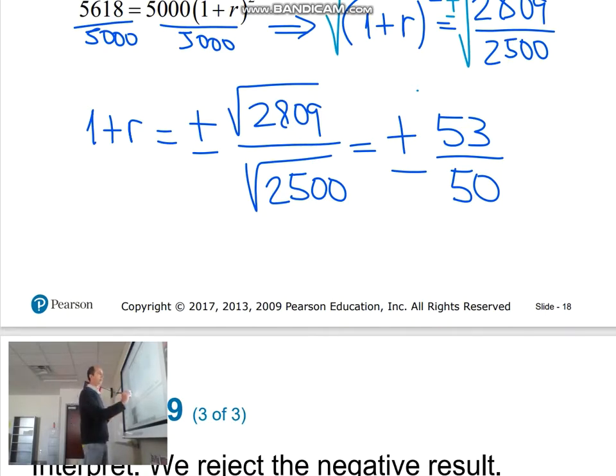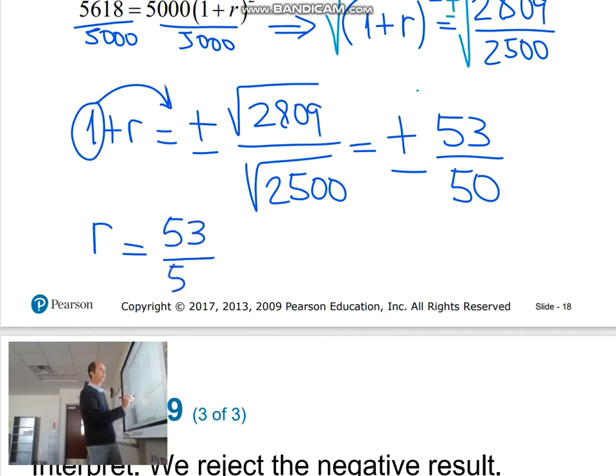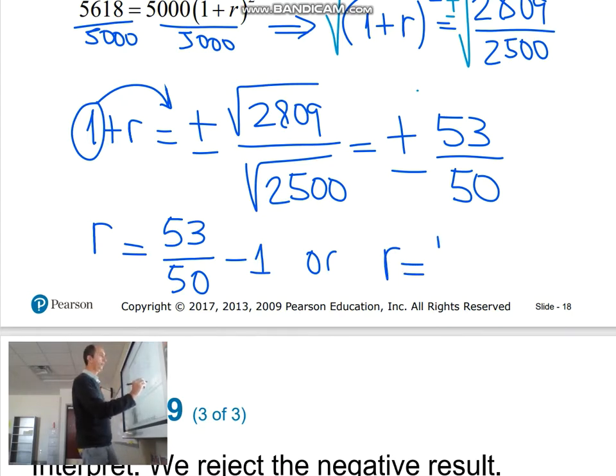Then to find r, we move this 1 to the other side, and r can be 53 over 50 minus 1, or r equals negative 53 over 50 minus 1.